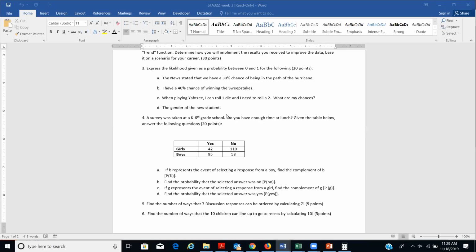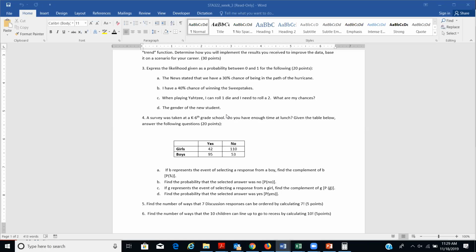Total up the number of boys, 148. The total number of yes responses was 137. That's 42 plus 95. The total number of no responses was 163. So now that we know those, we know that the total number of responses was 300.